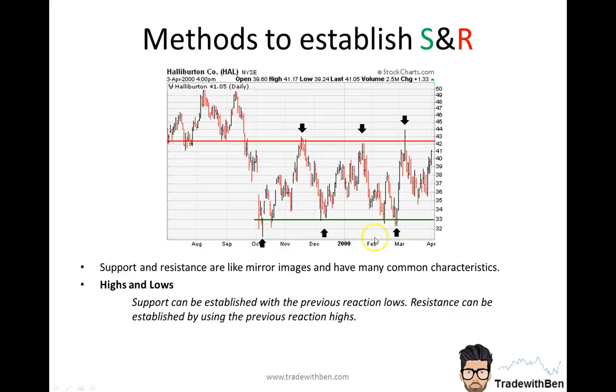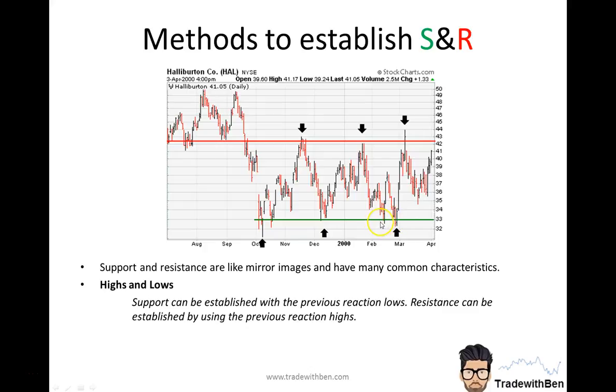And in December, the stock returned to support in the mid-30s and formed a low around 33 over here. Finally in February, the stock again returned to the support area and formed a low around 32 and 31. You see that over here.